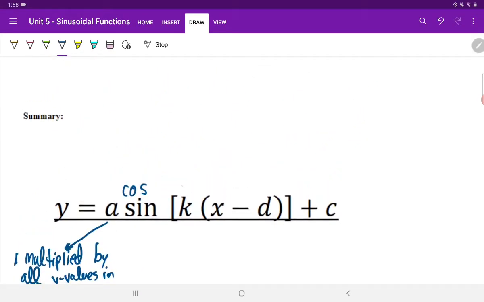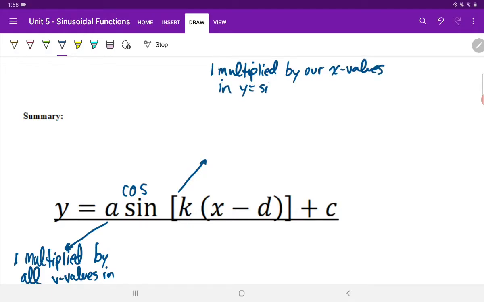Next, let's look at K. There's also a lot to K as well. So K, we learned, is multiplied by our x values in y equals sine x. However, you're not just multiplying whatever your k is, you multiply what's actually happening. So what we learned was that if k was 3, what's actually happening is a horizontal compression of a third.